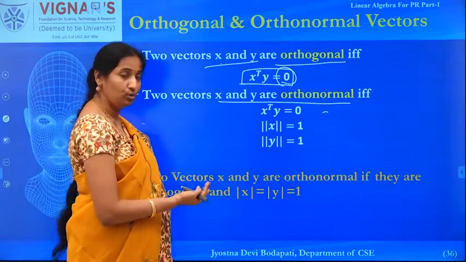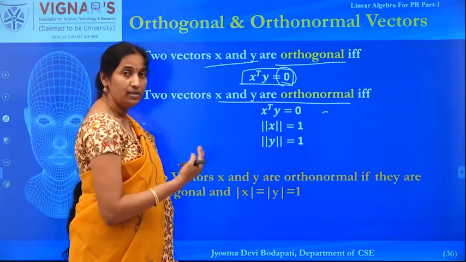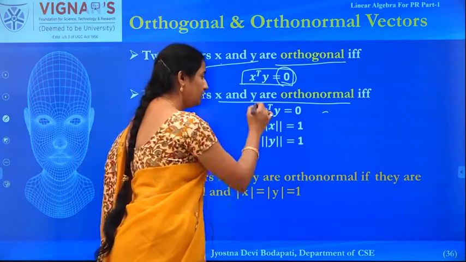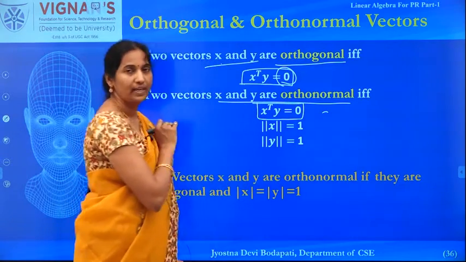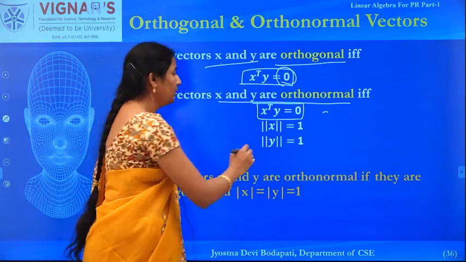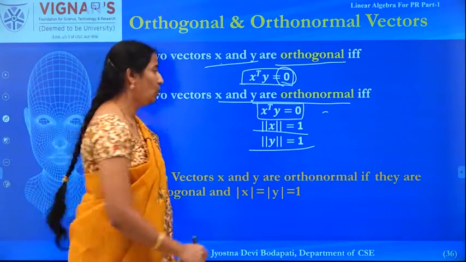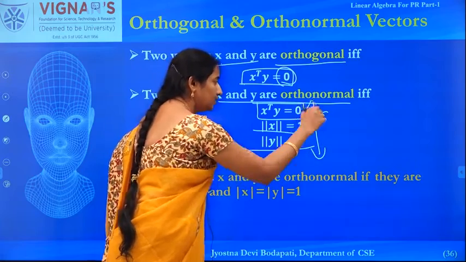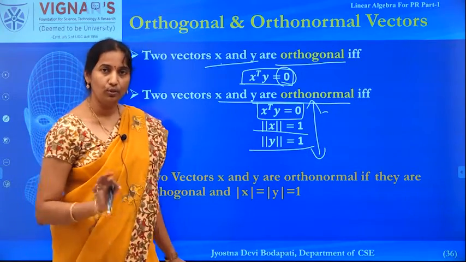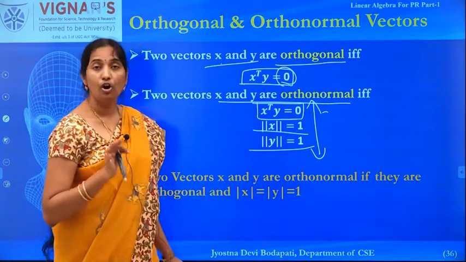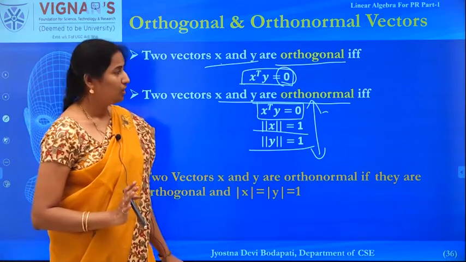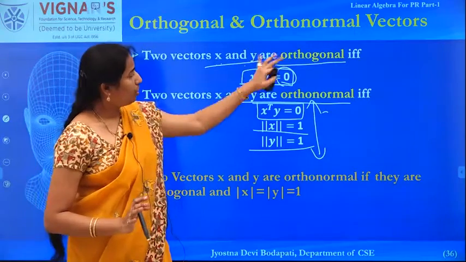If the inner product between the two vectors is 0 and also the individual norm of each vector is equal to 1, so if all three constraints are satisfied, only then can I call them orthonormal vectors.